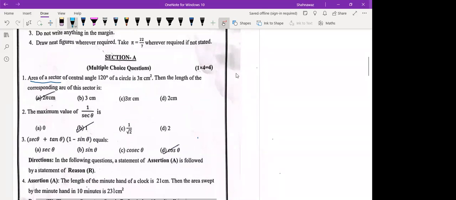So we have to have the preliminary idea of what is the area of a sector, and what is the length of an arc. What is the area of a sector?